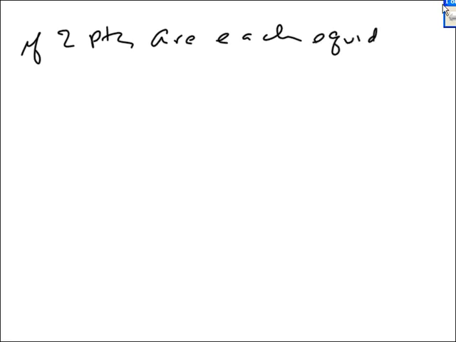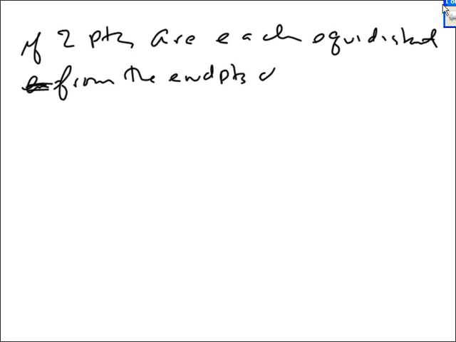The first one basically says if 2 points are each equidistant from the endpoints of a line segment, then something must be true.